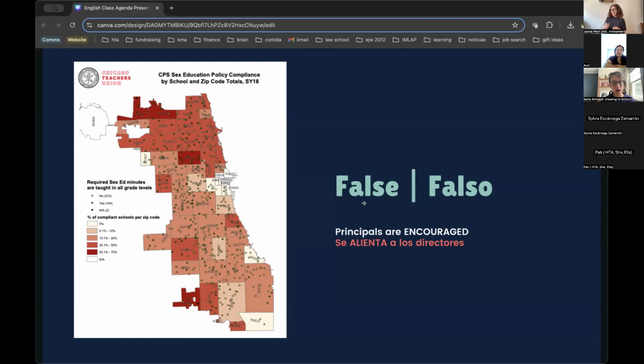And then they are encouraged through the implementation guidelines to have an open house or an orientation for caregivers, but they are not required to do so. So that's just something for folks to note here.